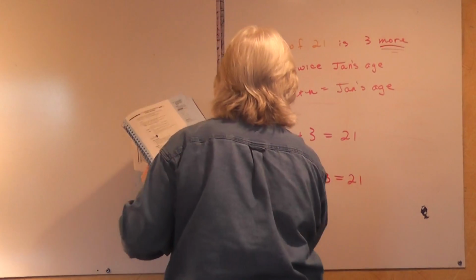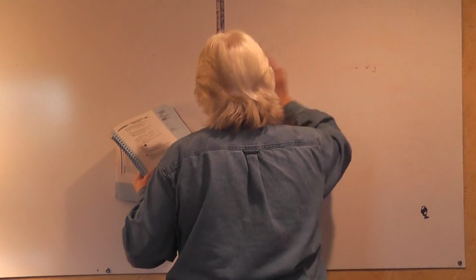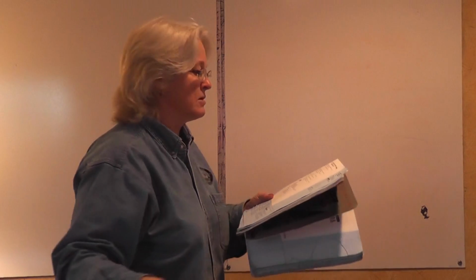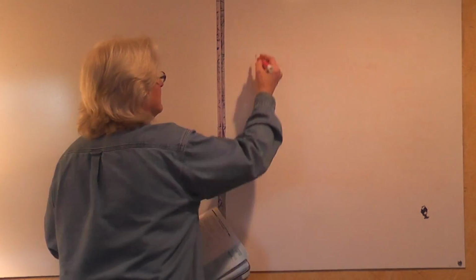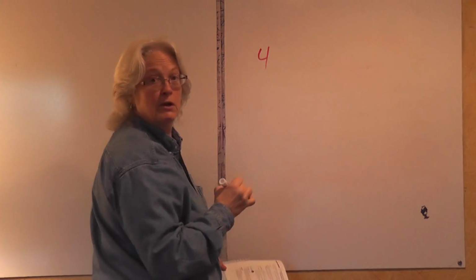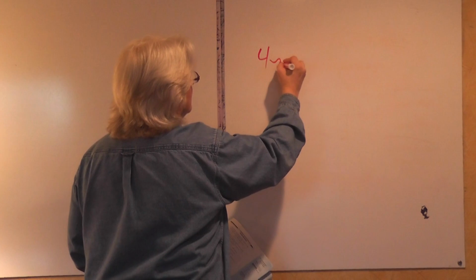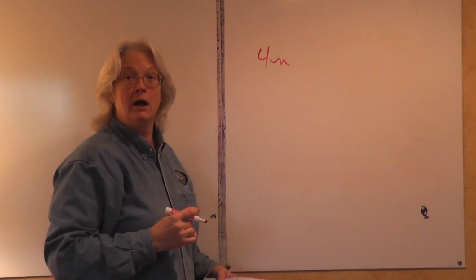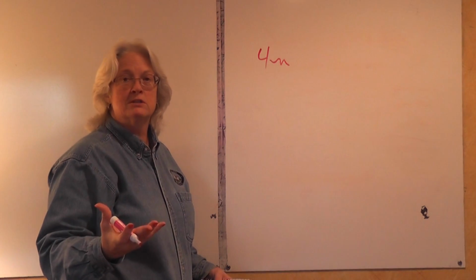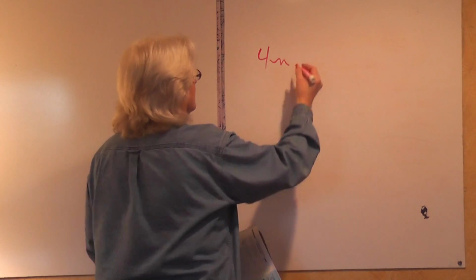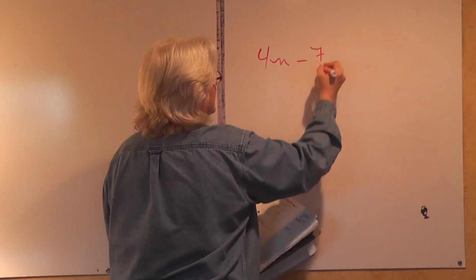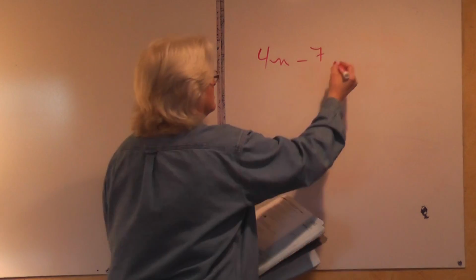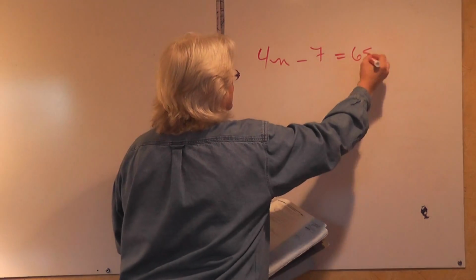It just has to be a true thought process. So let's go ahead and look at the skill check on page 255, and I want to talk about number 1. 4 times a number decreased by 7 is 65. So we have 4 times what? A number decreased by. What does decreased mean? Well, we're subtracting. Decreased by 7 is equals 65.